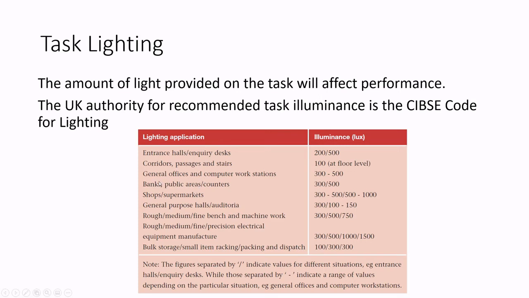If you observe the table, you can see they recommend 300 to 500 lux for general offices and computer workstations, shops 300 to 500, supermarkets 500 to 1000. If I ask you to do a lighting design, you have to refer to this table, select the illuminance level and start doing the lighting design.